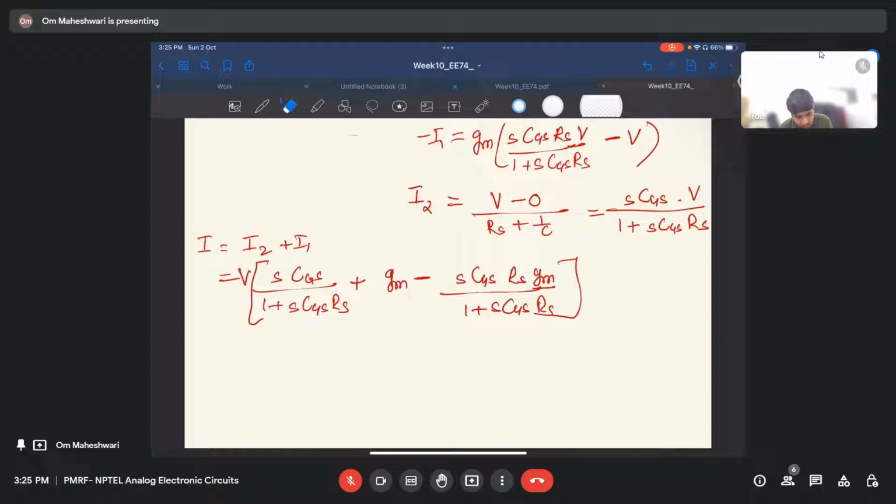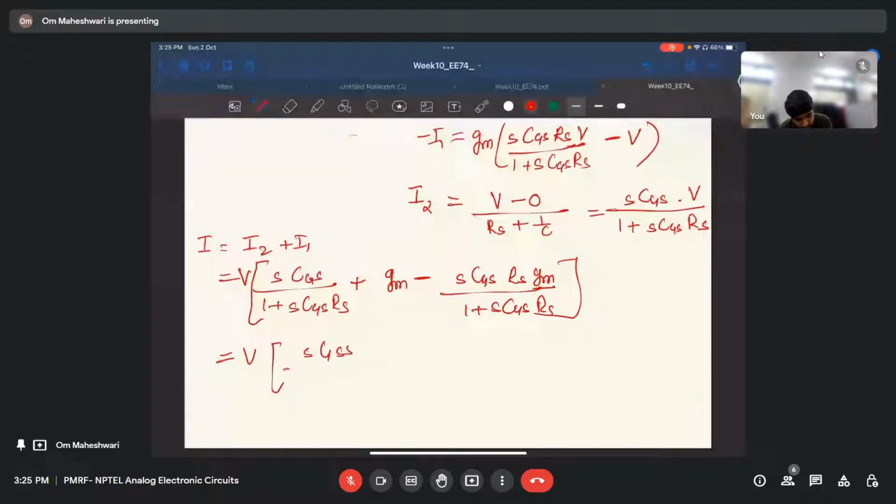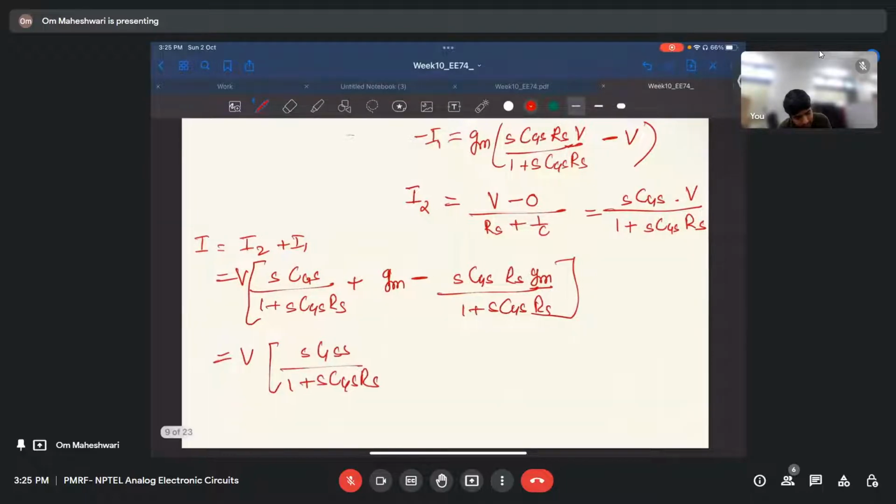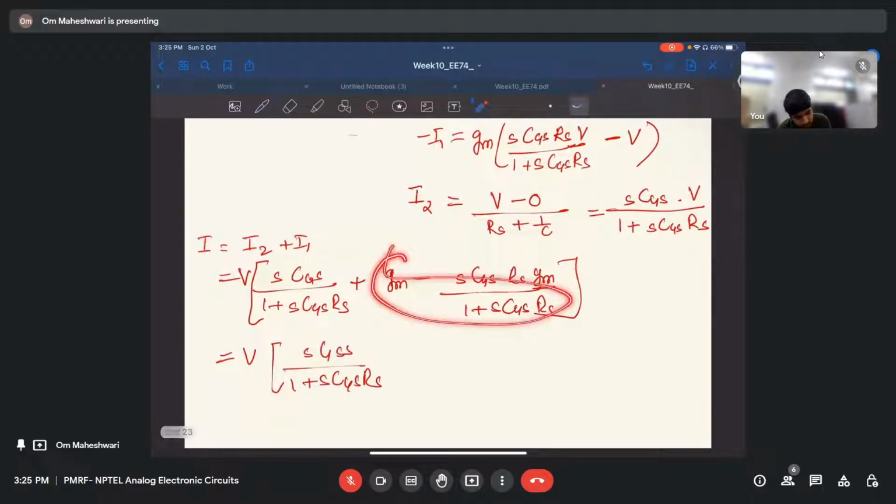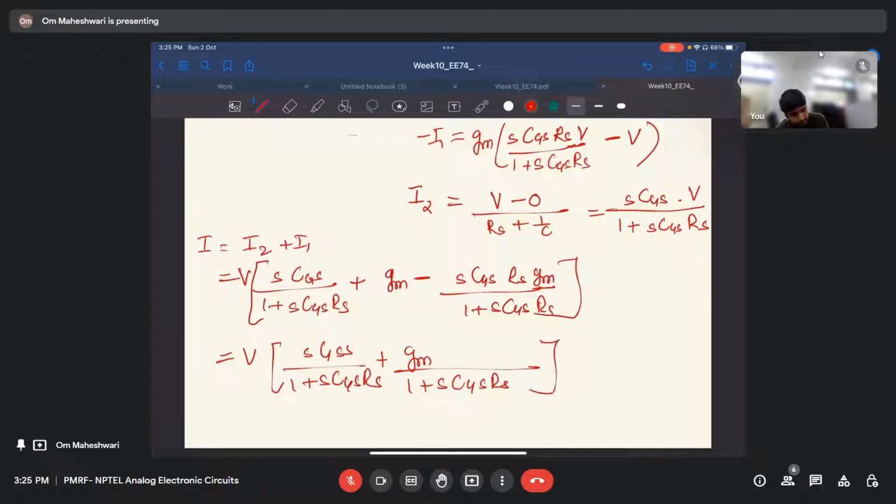Okay. So if we solve this, V SCGS by 1 plus SCGS RS. If we take LCM here, I should get GM, and I will just get plus 1 plus SCGS RS.